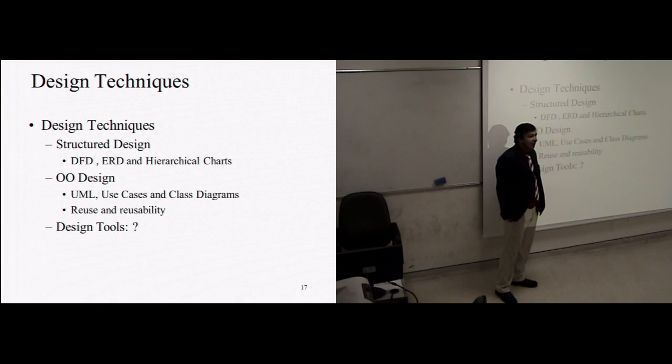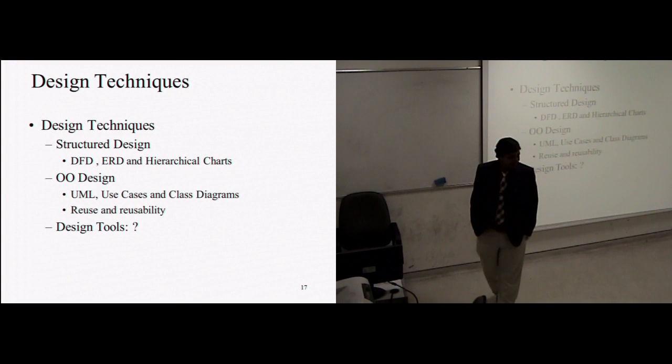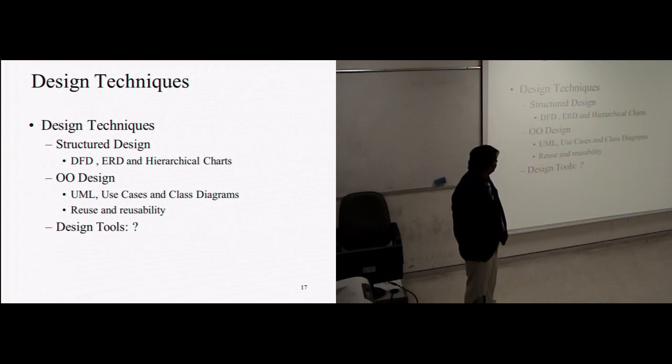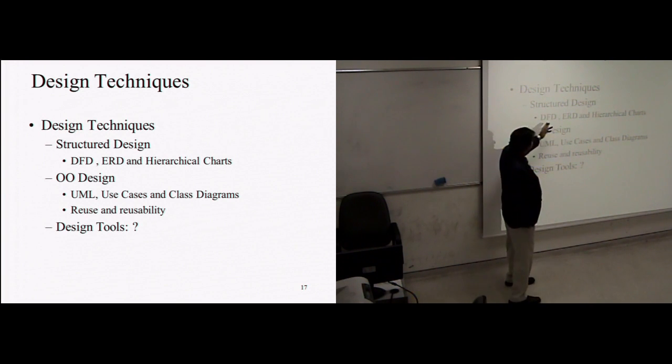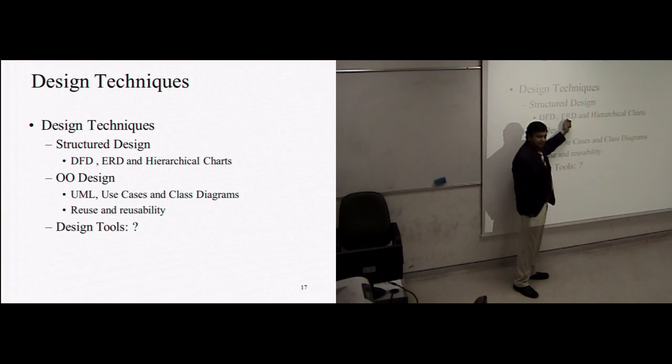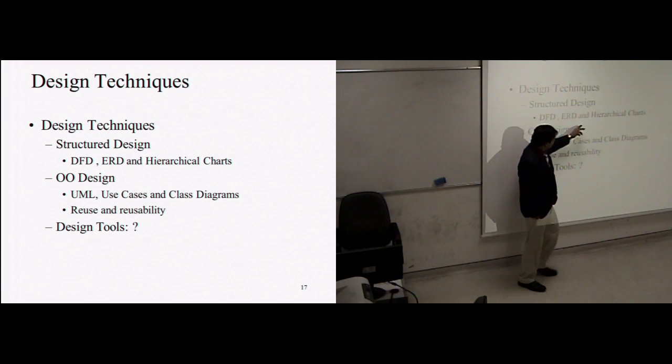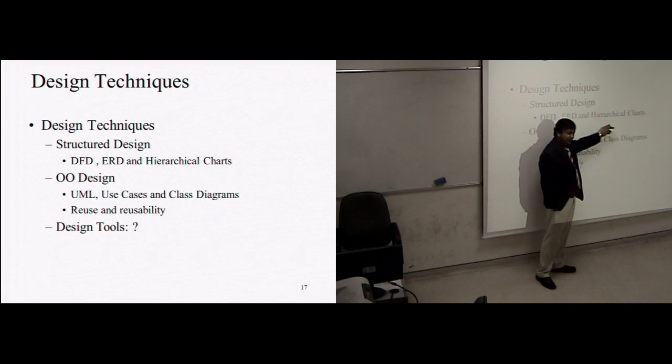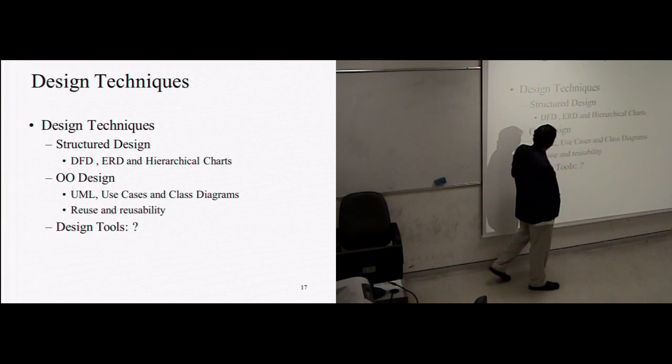Structured design and the object-oriented design. In the structured, you have ERD, you have DFDs, you already covered in 250. Data flow diagrams. ERD you covered in the database course. Entity relationship diagrams. Then you have hierarchical charts. We just covered it. It's already covered, but I just revise it, repeat it.